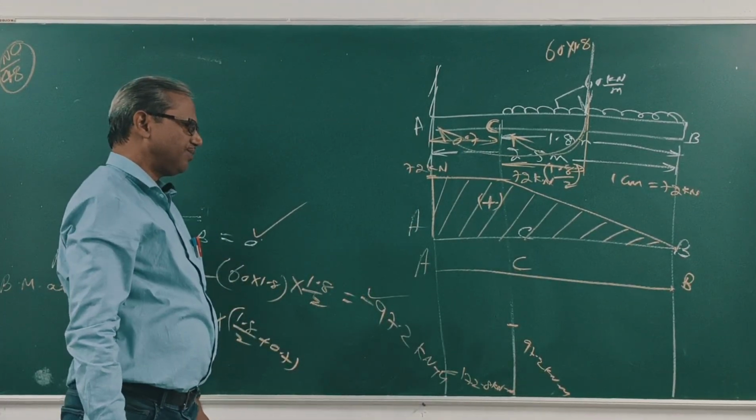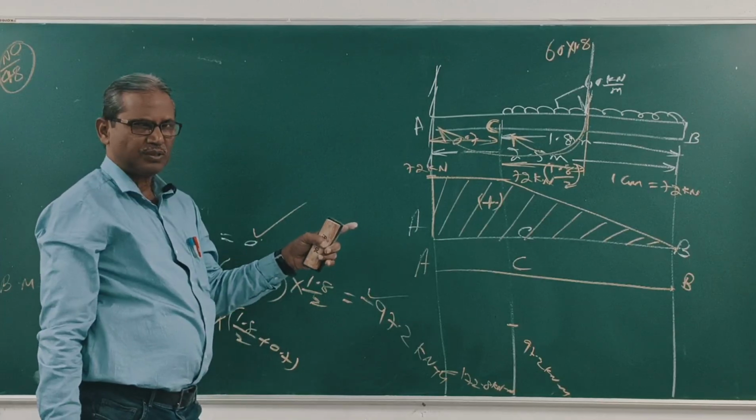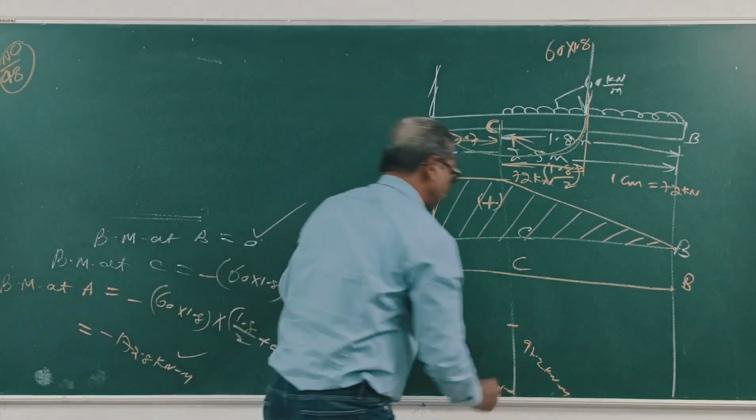From B to C, it is a UDL portion, so a parabolic curve.